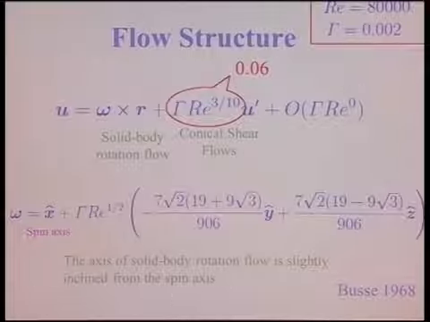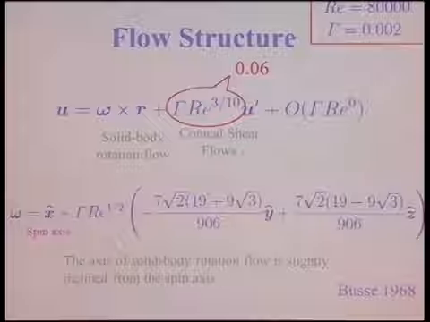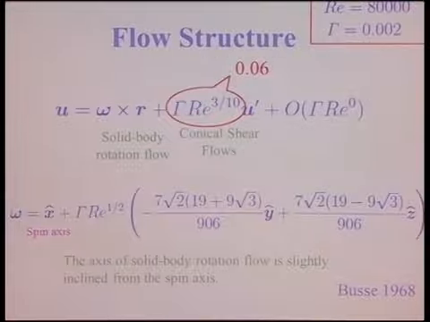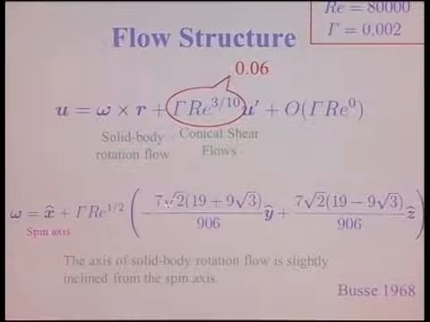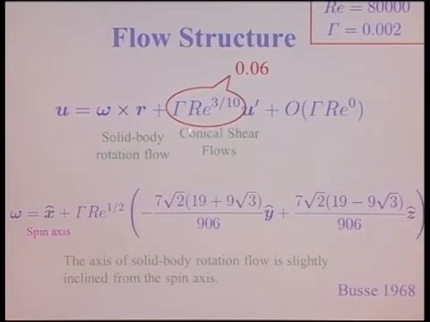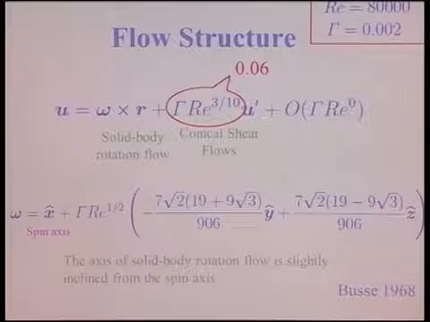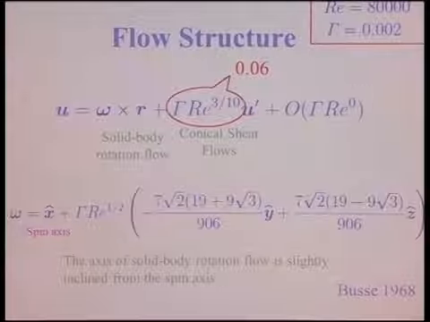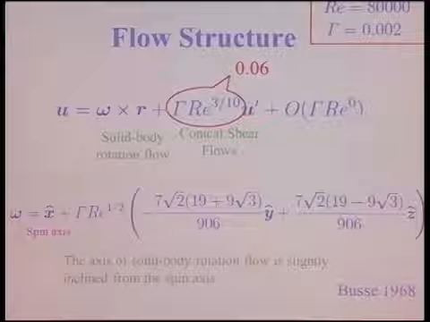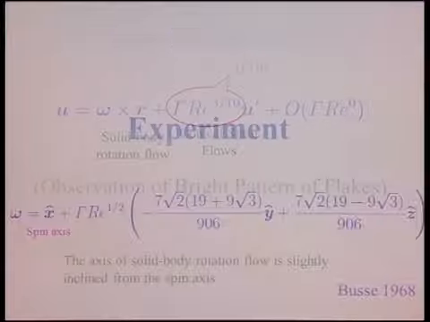This is important to create the flake pattern I show later. And this is also important: the second order in the analytical solution, conical shear flows. This parameter is 0.06, the order.